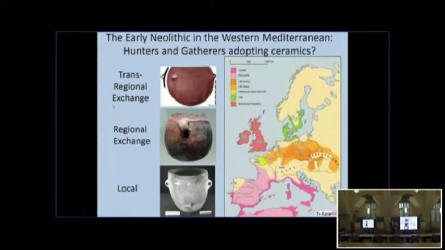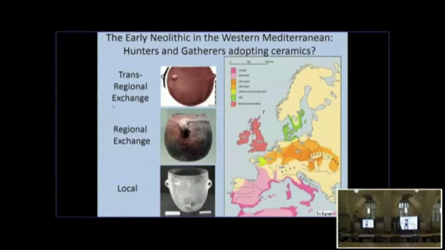So here's basically what I did for my dissertation, looking at the spread of the pink down here, the cardial ware, what's called cardial ceramics, and early impressed wares across the Western Mediterranean. Now, this happened very, very fast. From here in Liguria, we have sites that date maybe 150 years earlier than dates that we get here in Portugal.